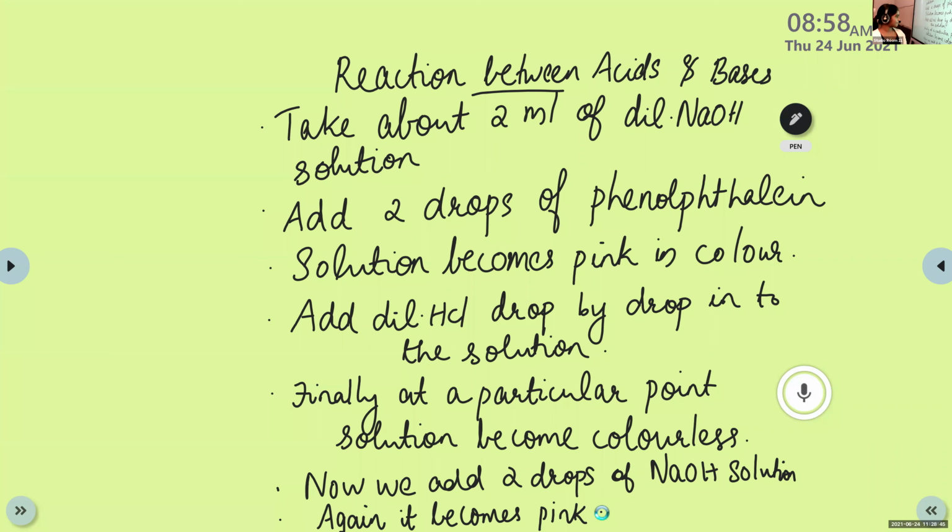Add dilute hydrochloric acid drop by drop into the solution. Finally, at a particular point, solution becomes colorless. Now we add 2 drops of NaOH solution. Again, it becomes pink. Rifa, have you completed? Yes, ma'am.